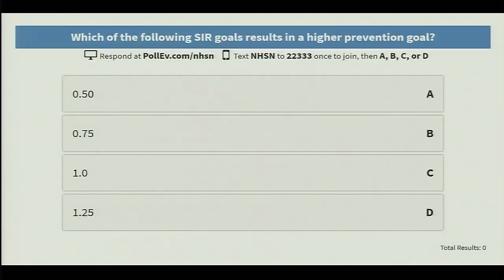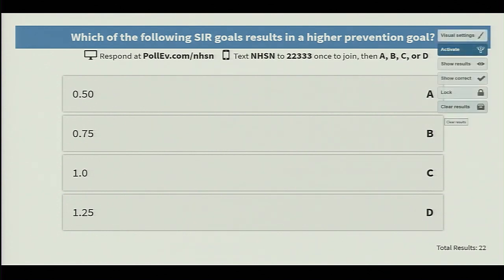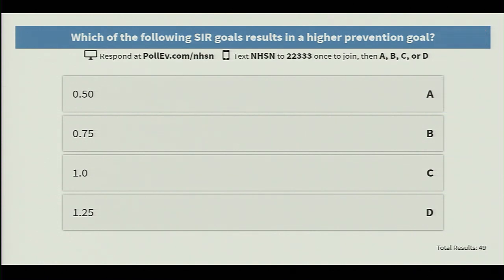So that brings us to our next Poll Everywhere question. Which of the following SIR goals results in a higher prevention goal? I'll give you a couple more moments.